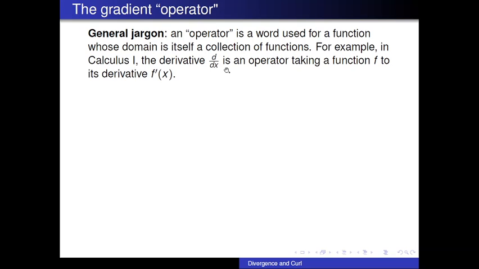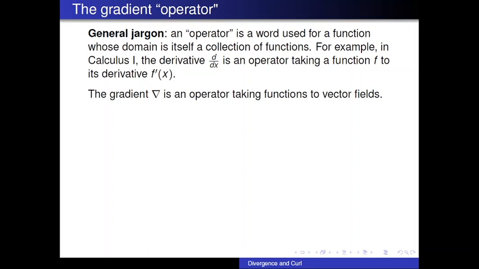For example, in Calculus 1, we met the derivative, which we call d by dx. This is an operator that takes a scalar valued function of one variable, say f of x, to its derivative, df dx, otherwise known as f prime of x. So that's one.